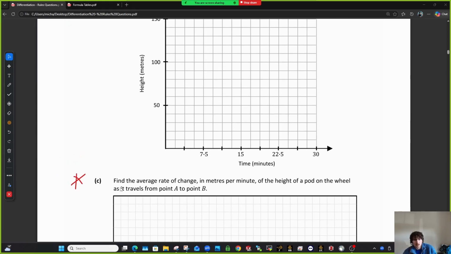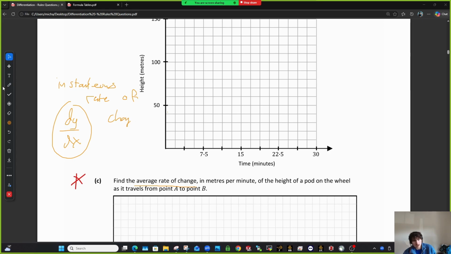So this is a really important buzzword for us here. This is different to what we had above. So they want the average rate of change. Okay, so we've got to understand that when we get dy dx, this is what's known as the instantaneous rate of change.